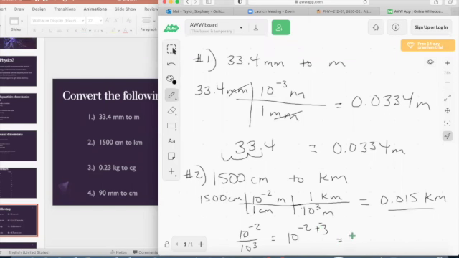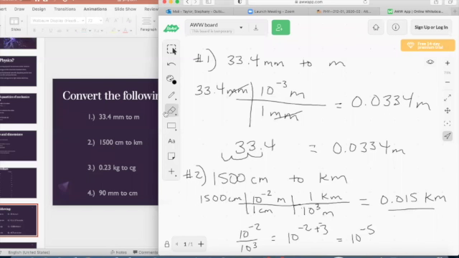So it ended up being 10 to the minus 5. Does that make sense? Because it's in the denominator, we're subtracting it instead of adding it. Yes, it makes sense. All right, let me erase that. Okay, any questions from number 1 or number 2?